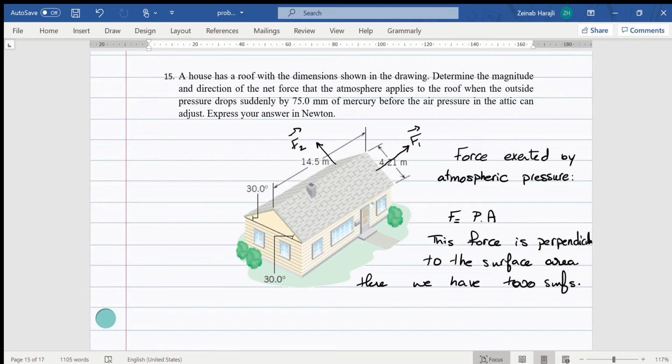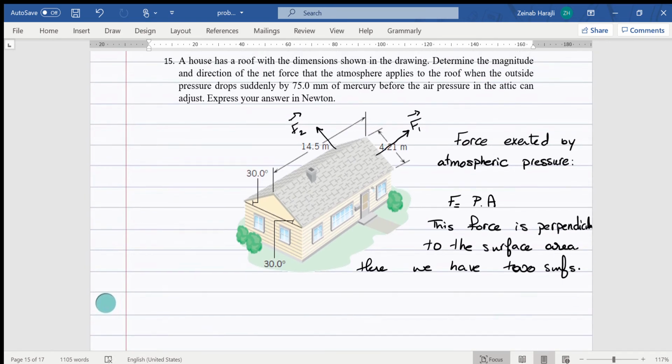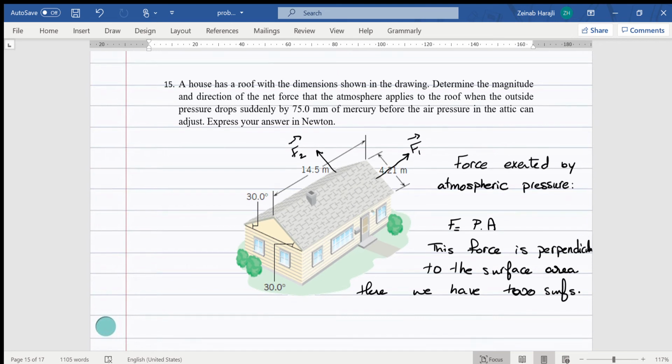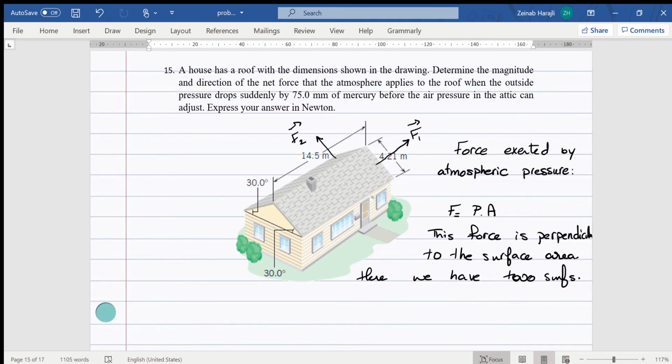Now, we said this force is equal to the pressure times the area. We know how much the pressure drops, and then we can know how much the force is going to change. Speaking of the area, we have two surfaces, each of an area equal to length times width. The two surfaces are rectangular, so we can find the value of this area.